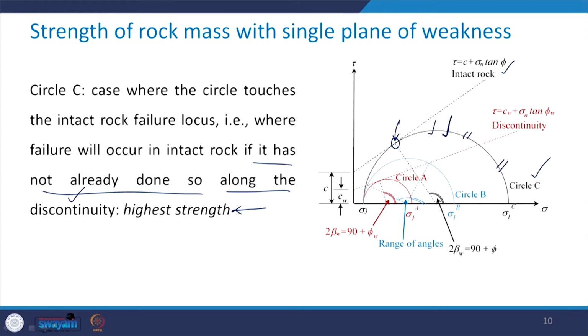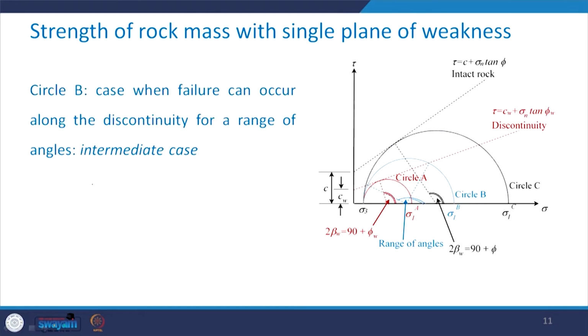Now take a look at the last circle, which is the circle B, which is the intermediate case. What will happen? So, first we had two extreme cases, that is the lowest strength in case of the discontinuities and the highest strength in case the failure is taking place in the intact rock. What happens if the state of stress is somewhere in between two extremes, which is represented by circle B in this case, which is of the blue color here.